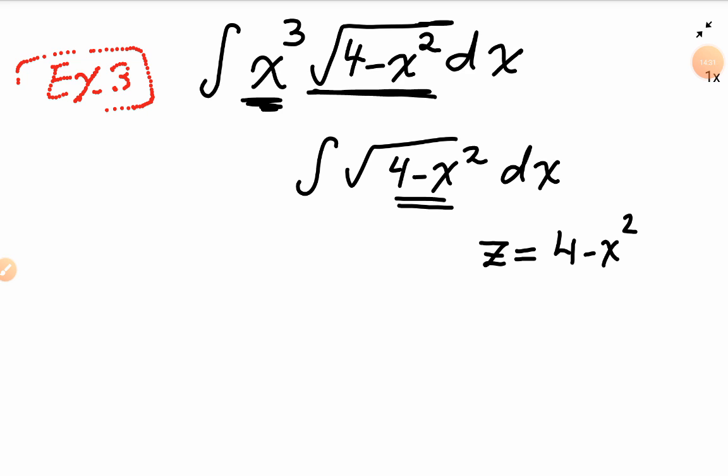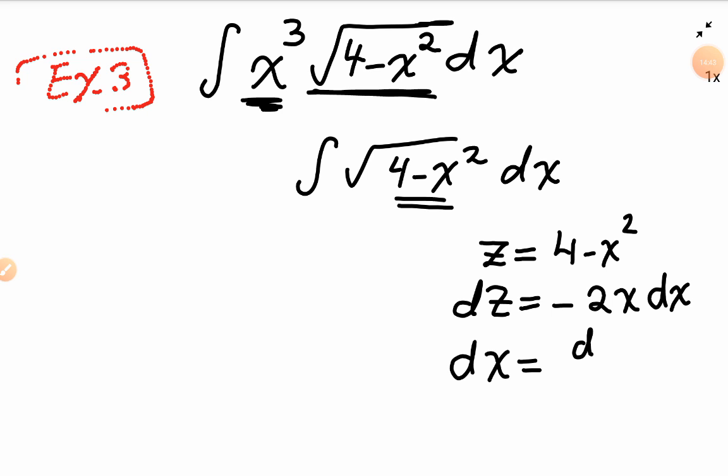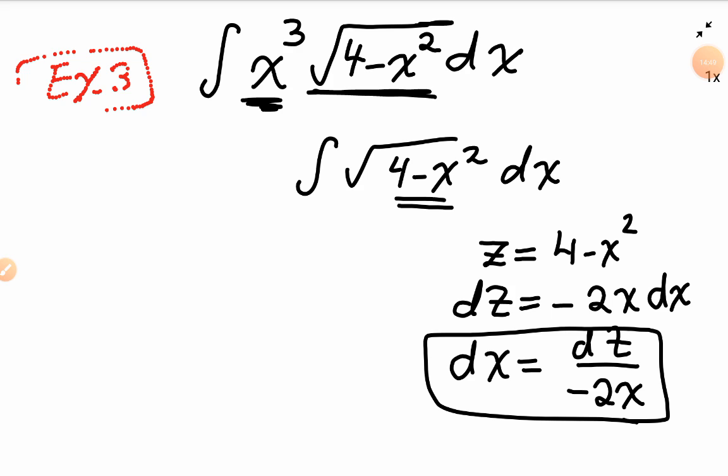And then you will find the derivative, which is dz equals negative 2x dx, and then isolate the dx alone on one side. So dx is equal to dz over negative 2x, right?